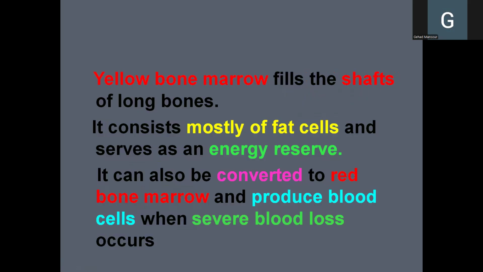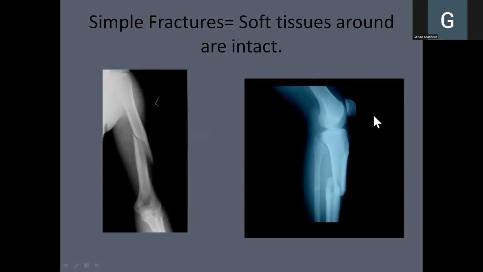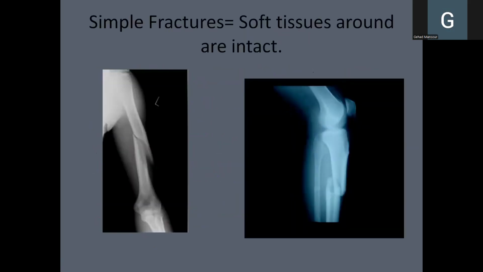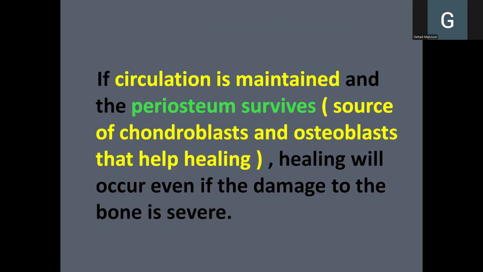The yellow bone marrow fills the shaft of the bone, which is called the diaphysis, and it consists mostly of fat cells, and the fat cells serve as energy reserves for the body, but as I've just said, it can be converted to red bone marrow if there is severe loss.